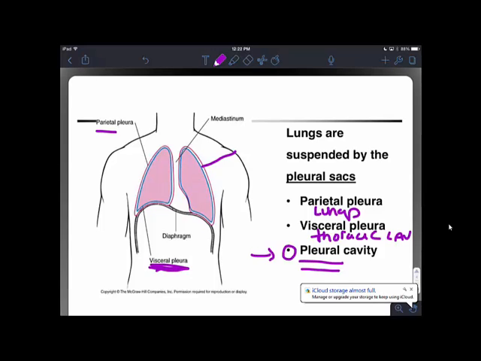So the glass is connected to the other piece of glass without physically contacting it. And that's what's going on with the lungs, is that the lungs are basically attached to the thoracic cavity. They're going to do whatever the thoracic cavity does, not because they're physically in contact, but because of this suction within the pleural cavity causing this connection.